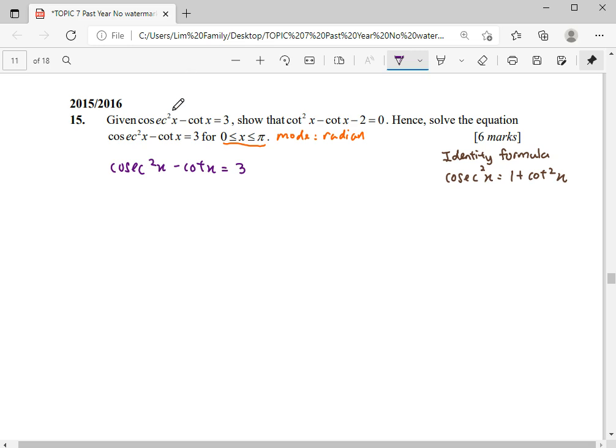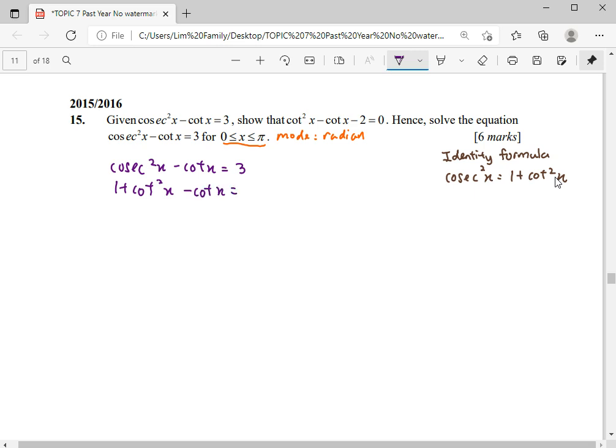For trigo that has a square, it will involve our identity formula. As we know, cosecant squared can equal 1 plus cotangent squared. So for cosecant squared, we substitute 1 plus cotangent squared.